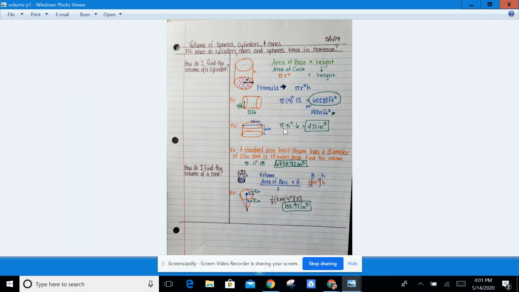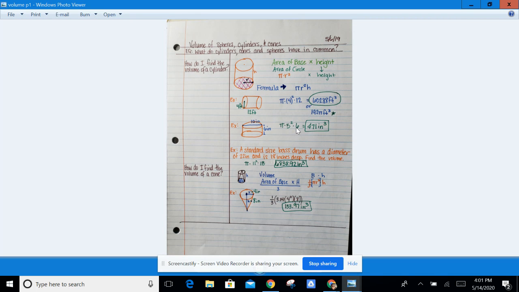Okay, the next one is a diameter of 10 and a height of 6. Remember, the formula doesn't call for the diameter squared, it's the radius squared. So we have to divide that by 2. 10 divided by 2 is 5. So we're going to have pi times 5 squared, which means 5 times 5 times 6, the height.